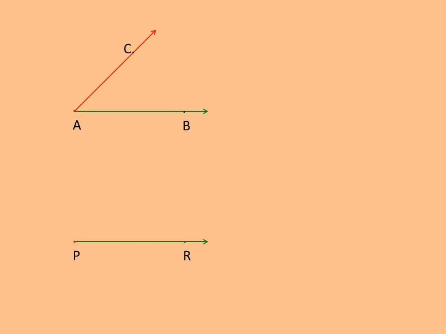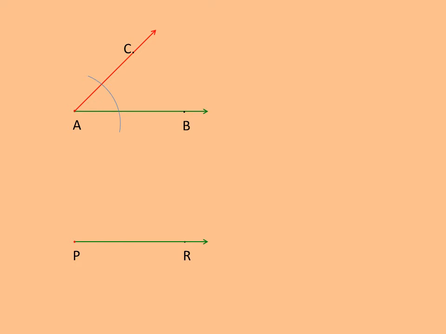From there you are going to draw an arc on angle CAB. The radius of that arc can be anything. So the pointer of the compass will be kept at A, and you can take enough radius which can intersect side AB and side AC.